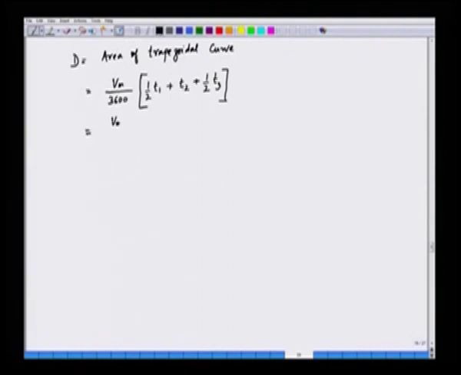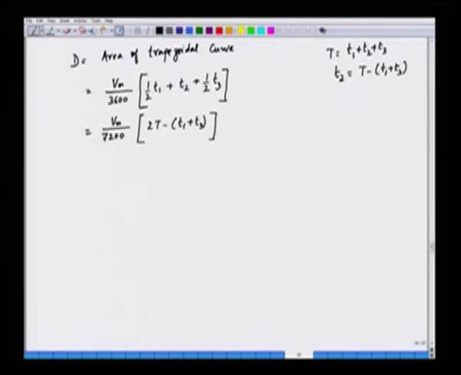If we simplify this, we will have Vm by 7200, we will take this 2 out, and then we will have 2T minus T1 plus T3, because we know that the total time is equal to T1 plus T2 plus T3. So, what we will do from this, we will basically eliminate T2. T2 is given as the capital T minus T1 plus T3.